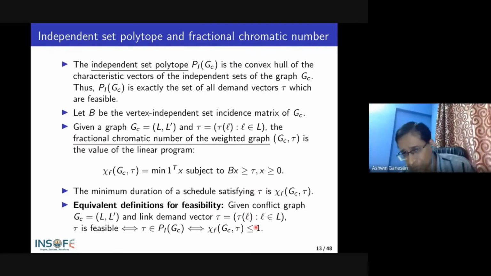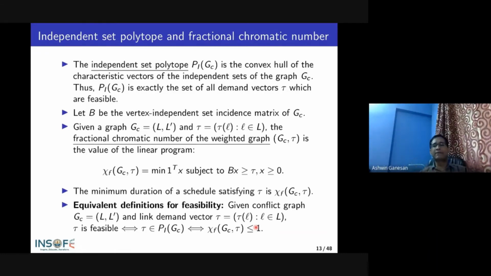So we're looking at a problem in fractional graph theory where you're given a graph, every vertex has a weight, and you want to know whether the fractional chromatic number of that weighted graph is less than or equal to 1. If it is, then the quality of service requirements of all those wireless links can be satisfied. Otherwise, they can't be satisfied. So that's the yes-no problem that we want to solve.